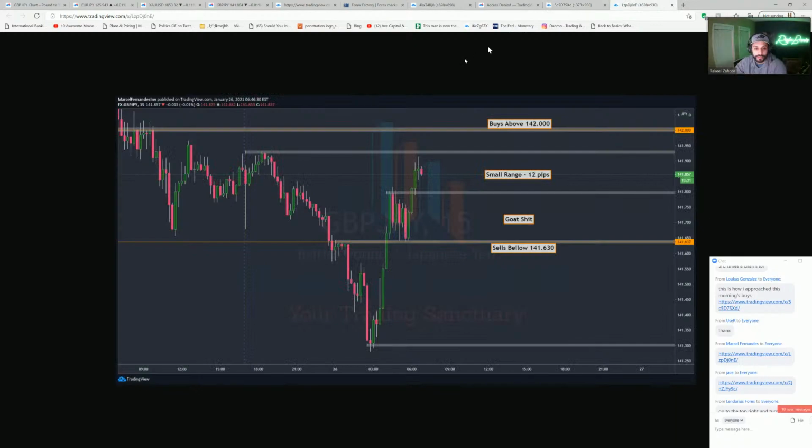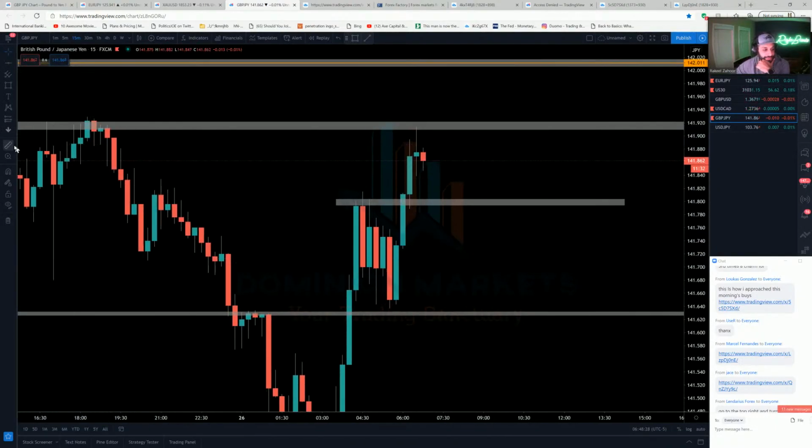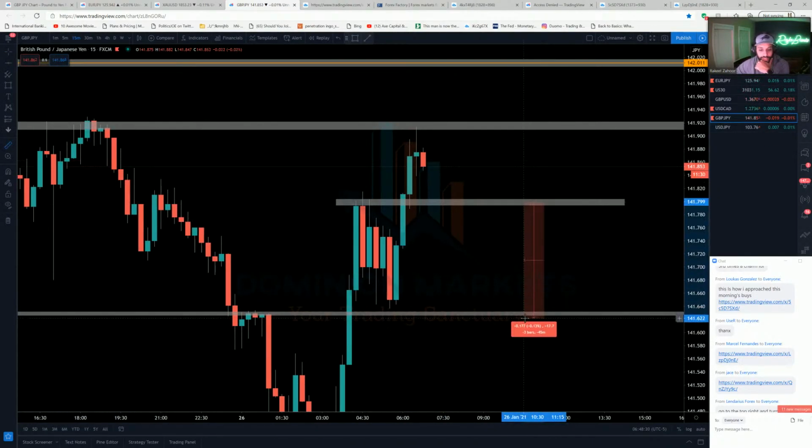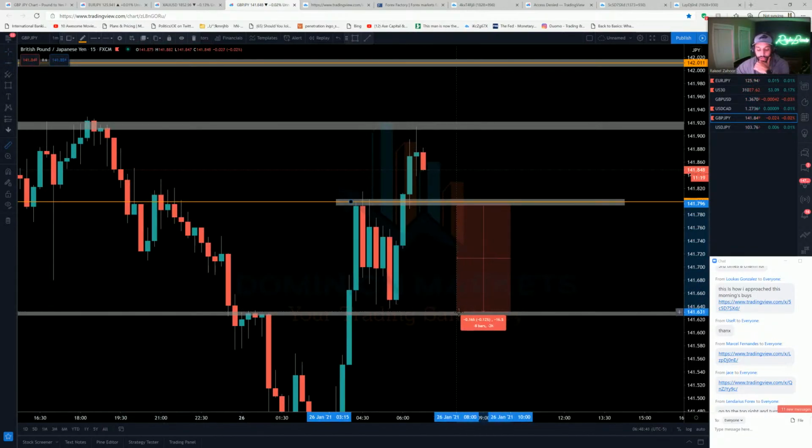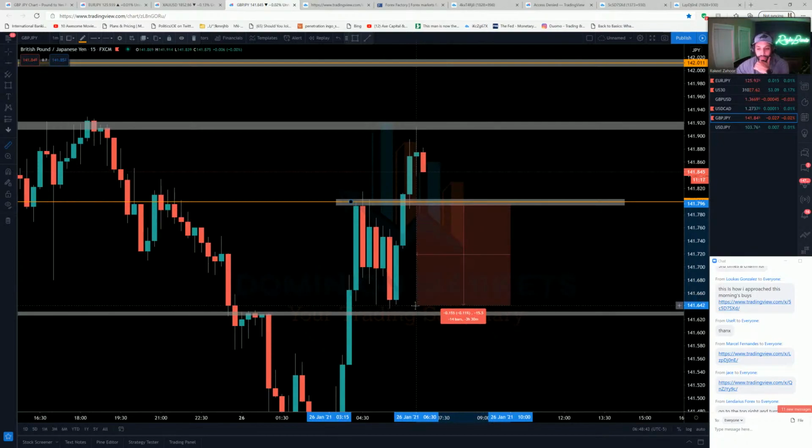Ooh, what's this? All right, analysis. Buys above 142, small range 12 pips, sells below 141.60. Yeah, I kind of agree with that. If I measure this range, I still think this is a pretty good range. If we get a sell below 141.800, I still think we have a solid range for price to fall in this area, so I wouldn't discount this area for sells at all.